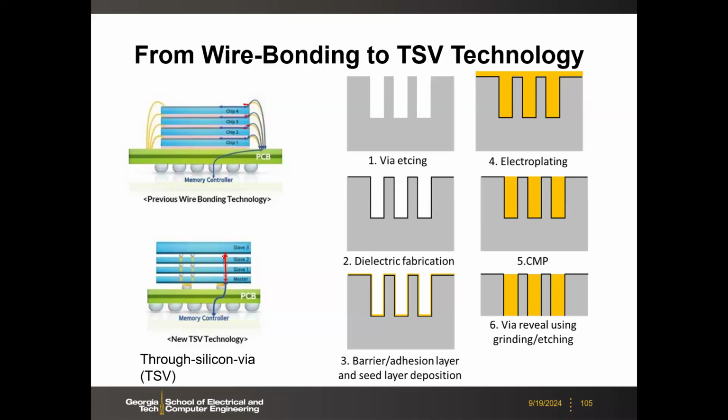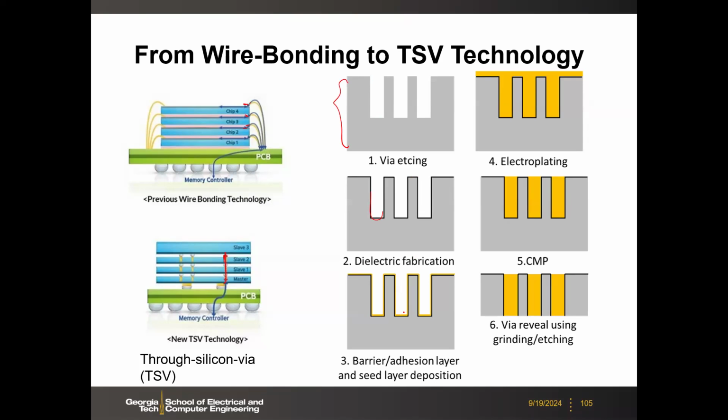And here on the right is the simplified fabrication flow to do this TSV. Basically you have a silicon wafer, and then you dig some trenches, and then you have some dielectric to fill the trench, and then add some barrier layer, because for copper you need a barrier for the copper diffusion.